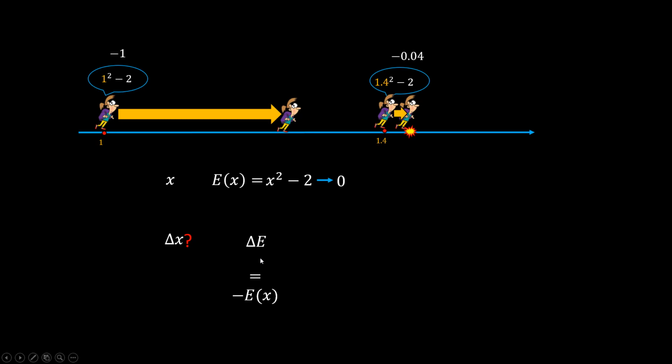How can this tell us how to adjust our guess then? Because there is a relationship between the guess and the error. So when your guess changes, so will the error. Hence, there is a relationship between the change in the guess and the change in the error. So I should adjust the guess based on this relationship.